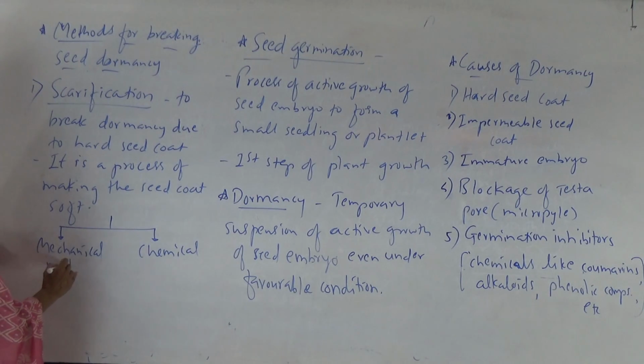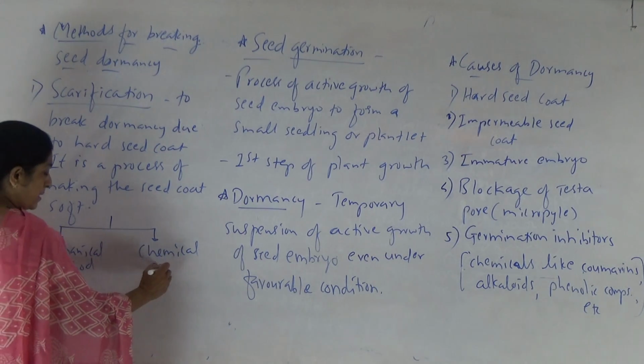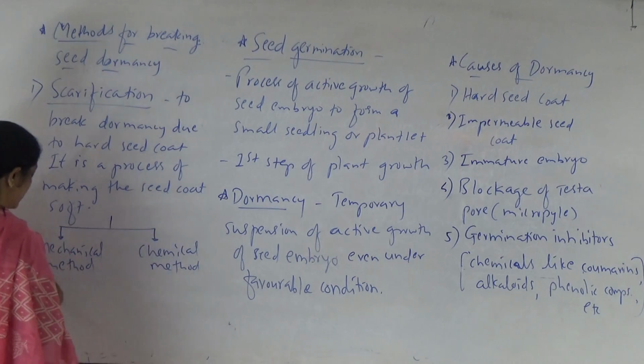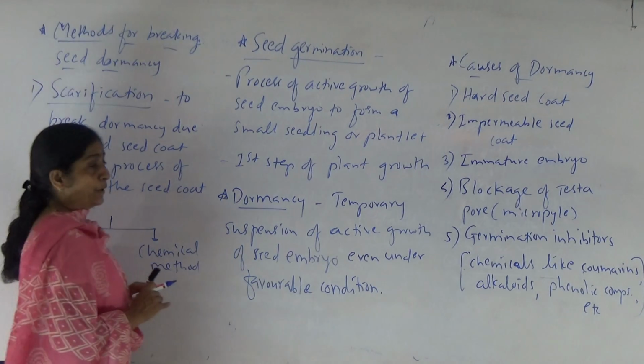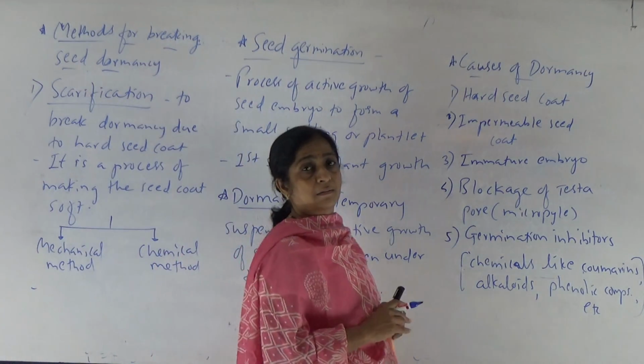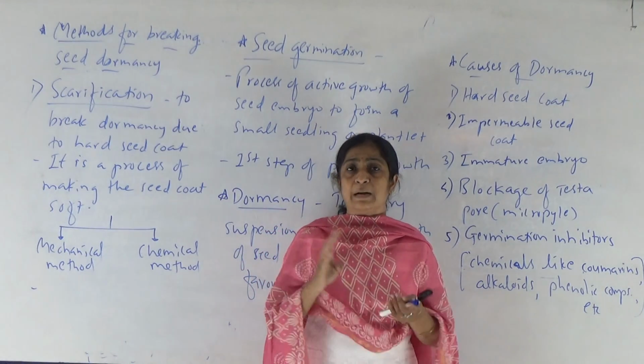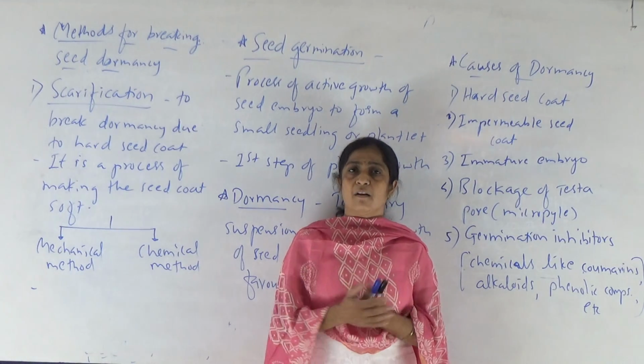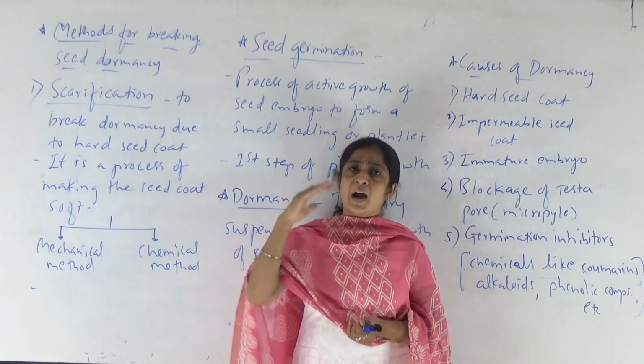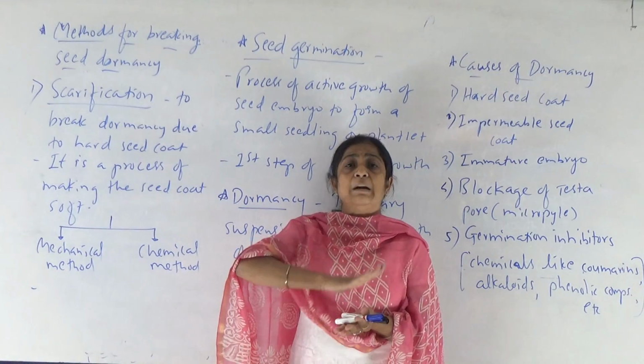Mechanical method and chemical method. Mechanical method means where sandpaper or knives can be used. Do you know sandpaper? The surface of sandpaper is very rough. So the seeds which have a hard seed coat are rubbed on this sandpaper.